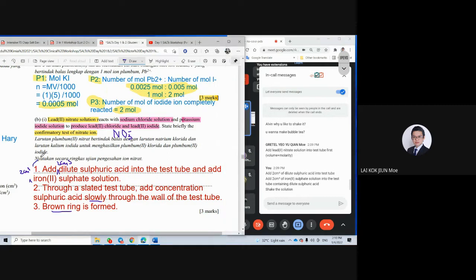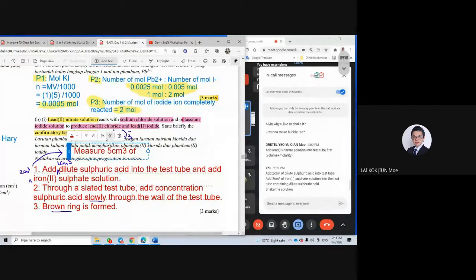So before this start, you must have another sentence here. You can say prepare, or you say measure 5 cm cube of what?